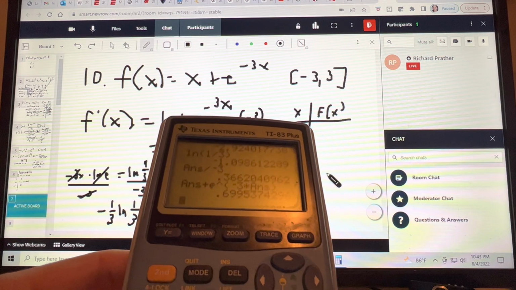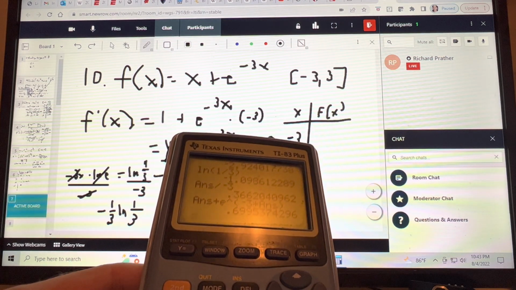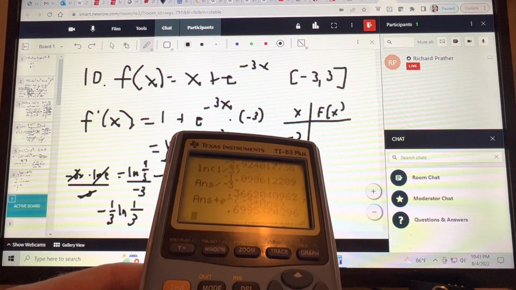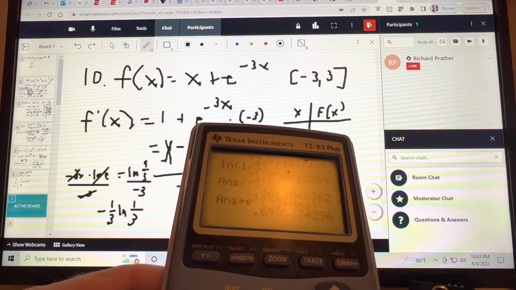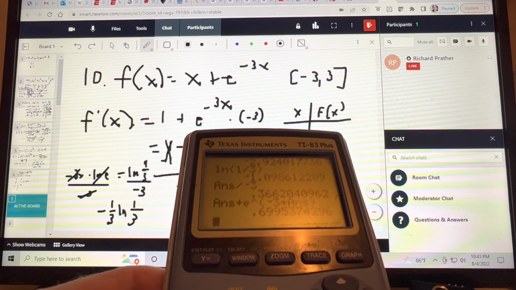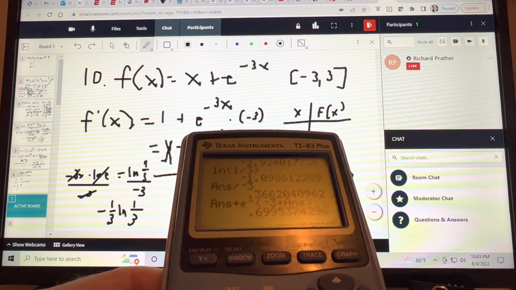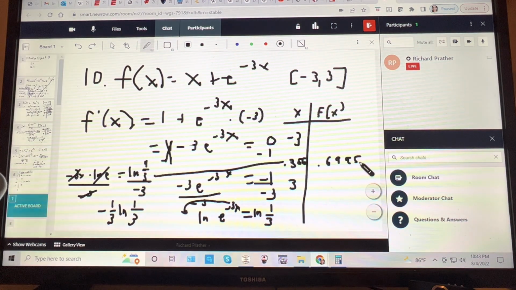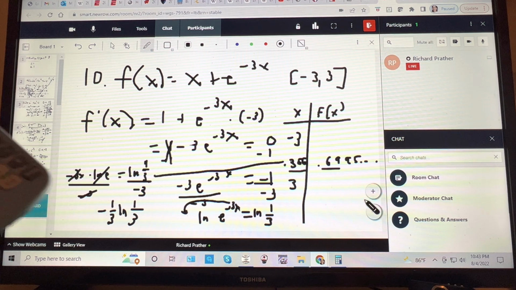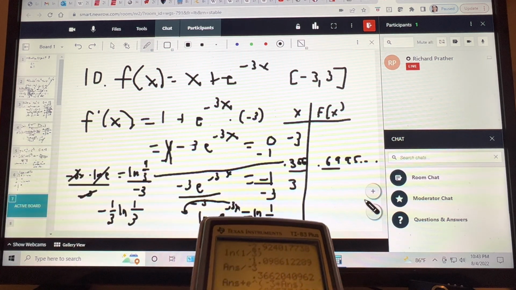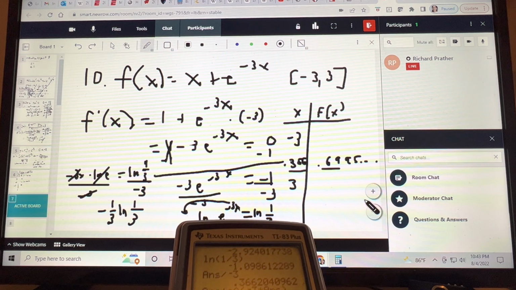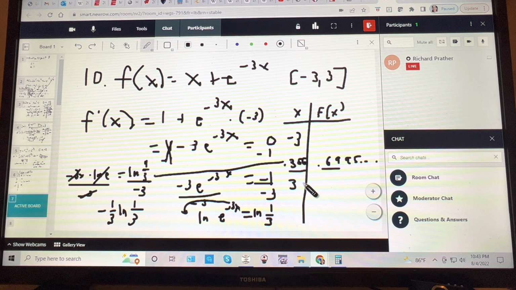So all we have to know is, I'll just put 0.366 here. Is this going to lead to either the highest or lowest answer or not? 0.6995 and so on. You would round that to 2 places apparently. But if the other two answers are both higher and lower than that, then this one won't even matter. So let me do 3 next, put a 3 right here and a 3 right there.